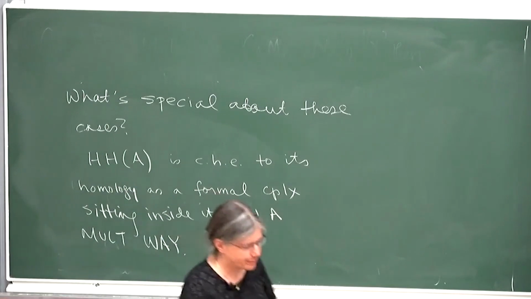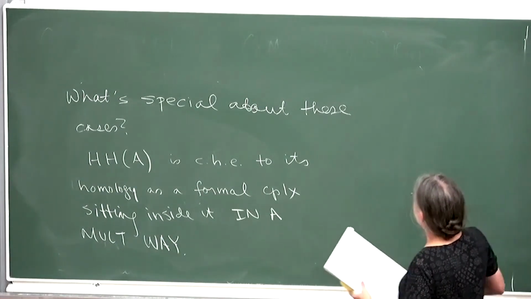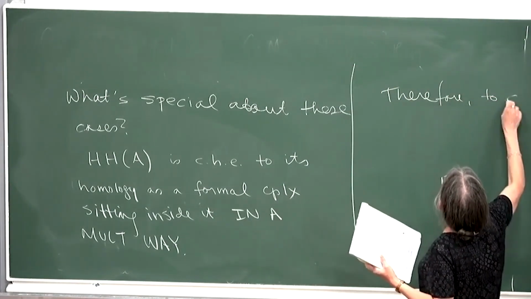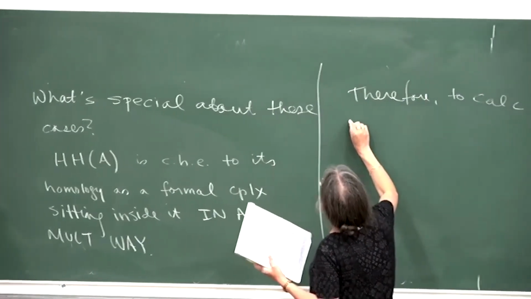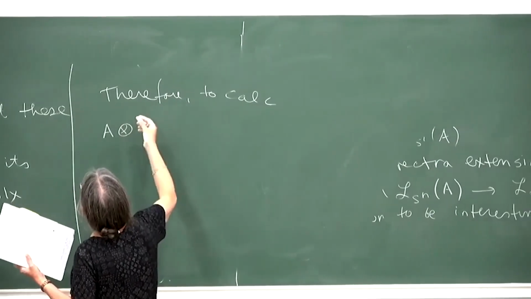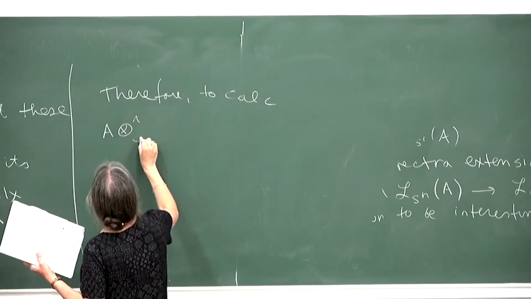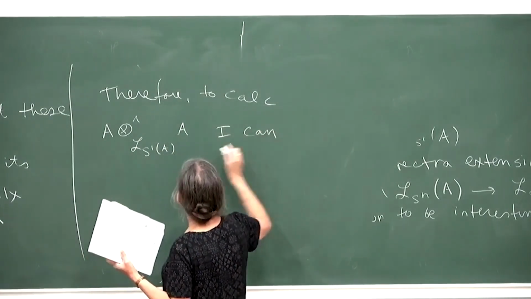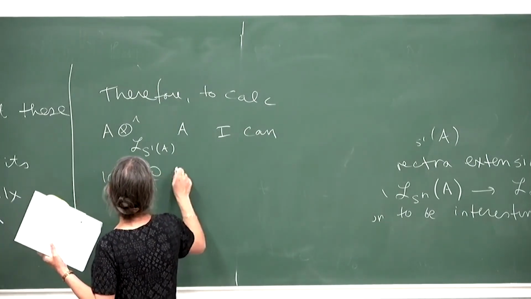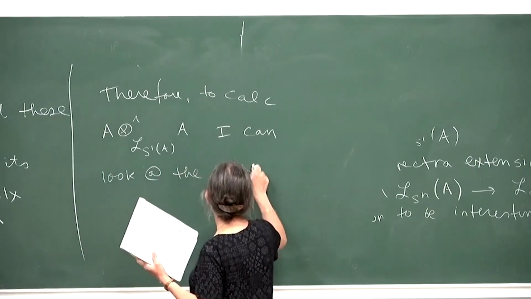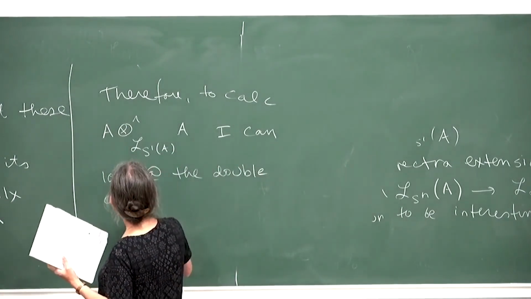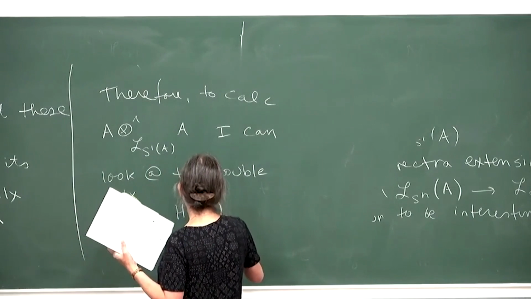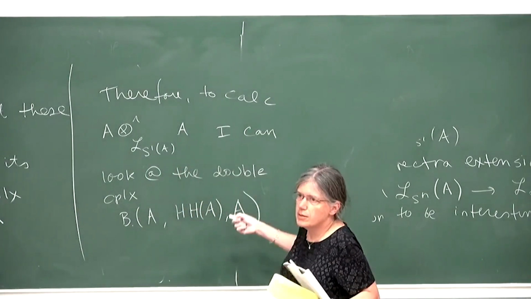And therefore, to calculate the derived tensor over LS1 A, I can look at the double complex bar A, the Hochschild complex of A, which is a good way to approach this.